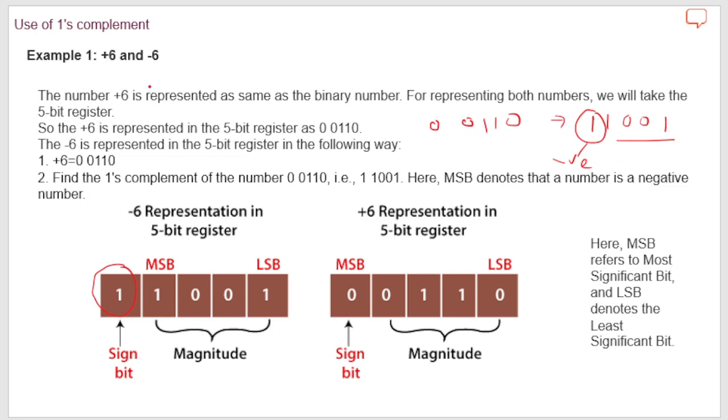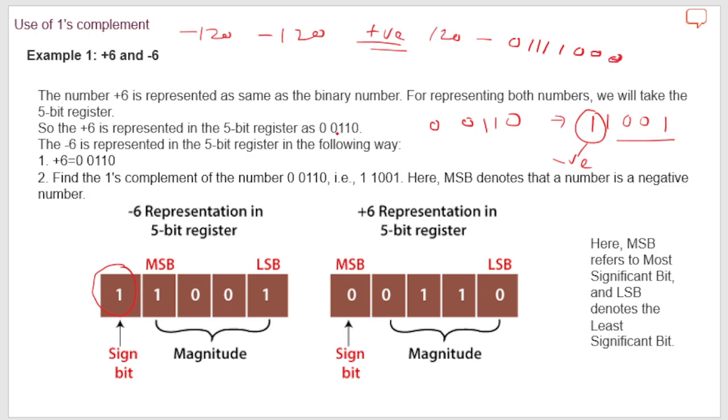So in a similar way, if I want to calculate for, let's take 120 and minus 120. Then for the positive number, 120 is 0 1 1 1 1 0 0 0.